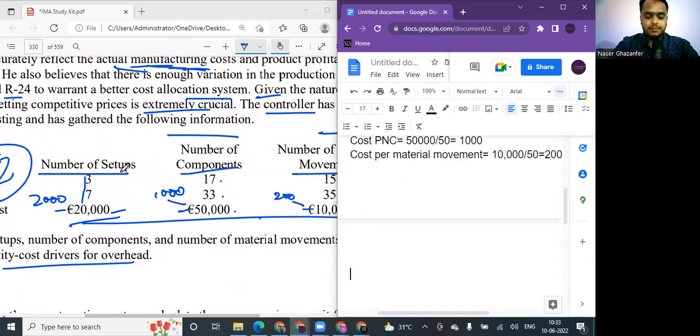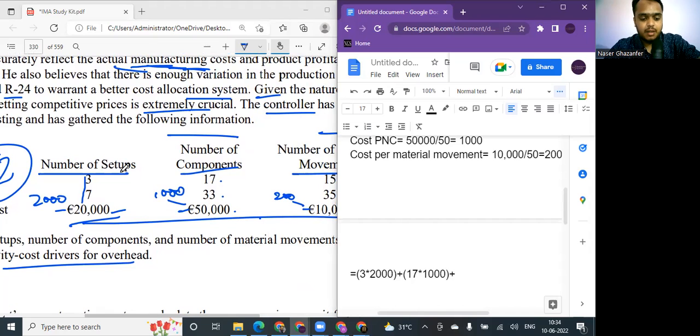So M11 is equal to 3 multiplied by 2,000. Let me put it down in brackets. Plus 17 multiplied by how much? 1,000. Put it in brackets.